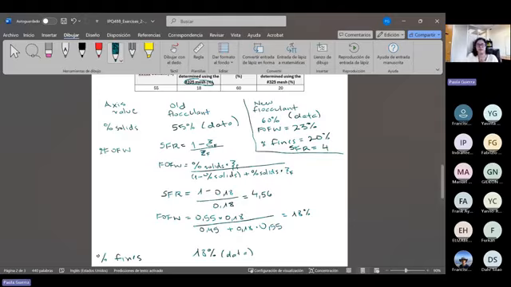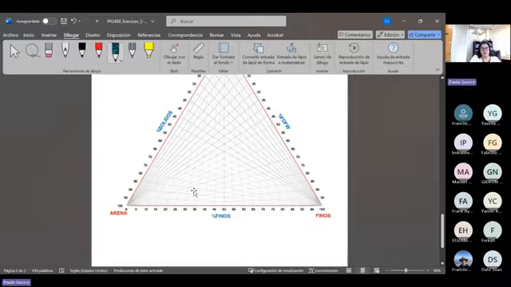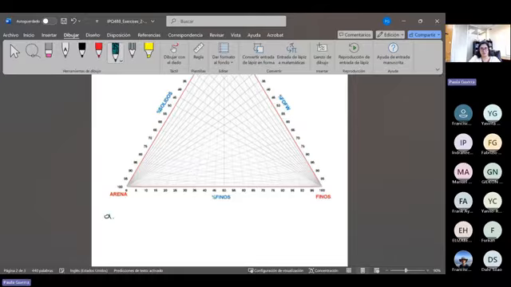Now what we're going to do is locate our data in our ternary diagram, and we're going to start off with the old flocculant. The old flocculant numbers are percentage of solids 55, FOFW 18, and percentage of fines 18%.